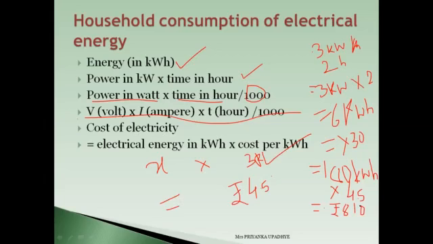The total energy consumed in kilowatt hour is the sum of the products of power rating in kilowatt and time duration. For the bulb, it is P1 into T1. Next we add P2 into T2 plus P3 into T3 kilowatt hour.